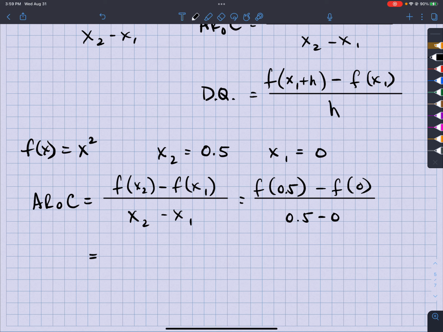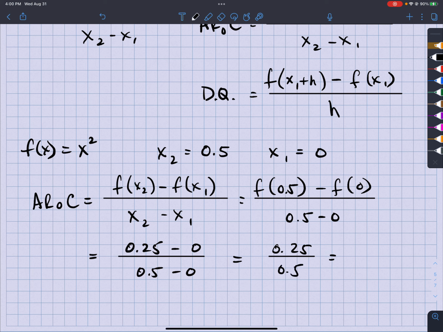So what do I have here? Well, when I plug in 0.5 and square it, what do I have? I'll have 0.25 minus 0, because 0 squared would be 0, over 0.5 minus 0. So I'm going to have 0.25 divided by 0.5.